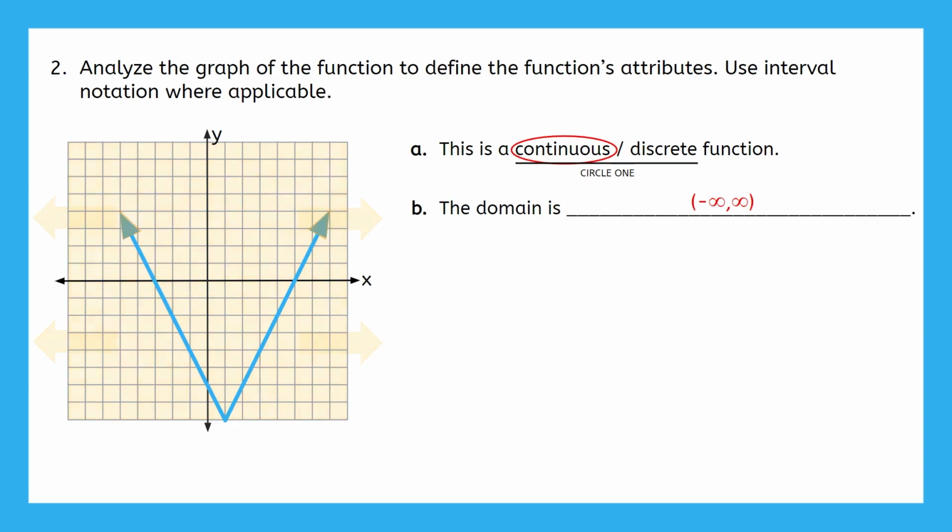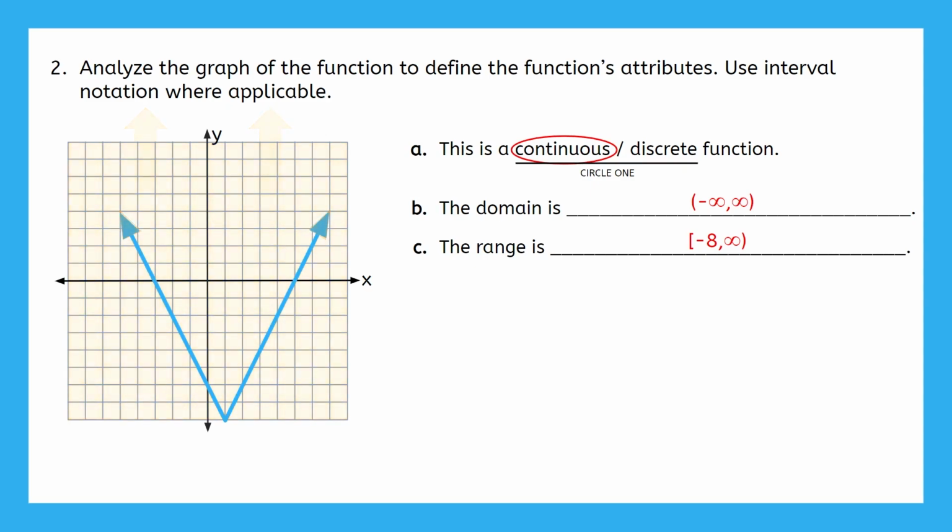As for the range, that includes all of these real numbers from negative 8 to positive infinity. These arrows are what tell us the function will continue forever to positive infinity. Here we use a square bracket since we are including negative 8 in the interval, and a curved bracket again with infinity.